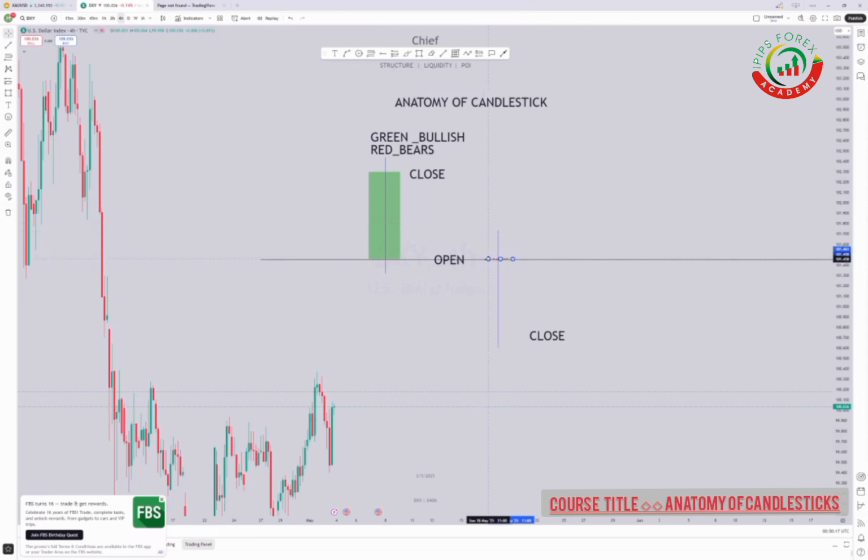This market opens here, but the bulls first of all push it up to this extent before the bears now drag it down back. Do we get that? So before this candle closed, it got to this extent. That is, the bulls drag it to this extent before it comes back, and that is the wick that you see there. So when it crosses the open, then it becomes a wick. That is how we form it.